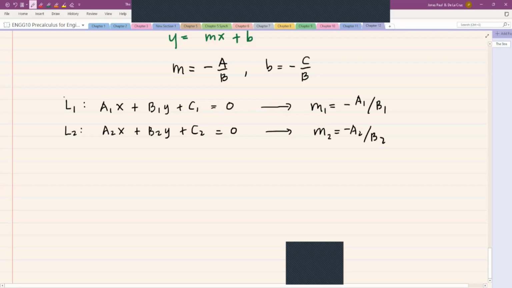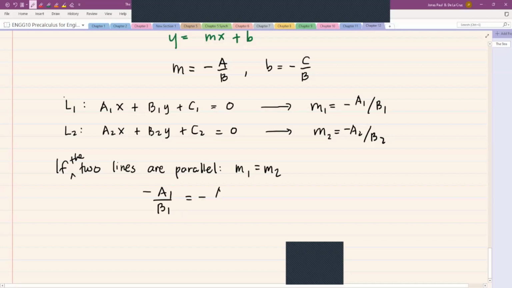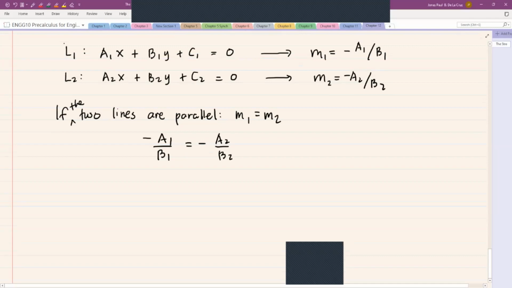So, kapag parallel, if the two lines are parallel, siyempre, equal yung mga slopes nila, tama? M1 is equal to M2. So, pag in-equate natin yan, negative A1 over B1 is equal to negative A2 over B2. Okay? We'll come up with an equation relating the coefficients of the equation.